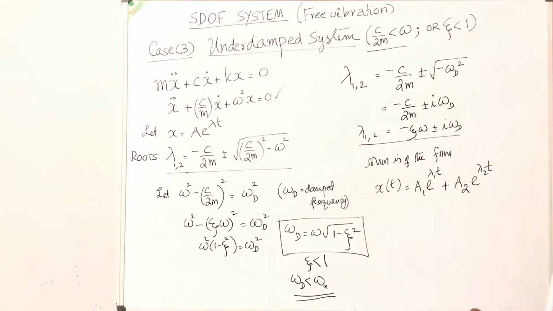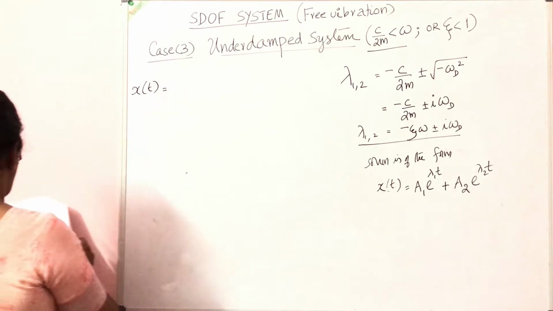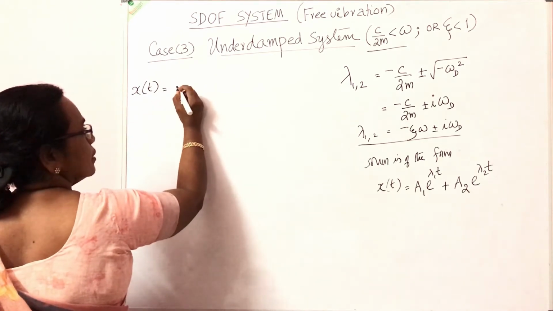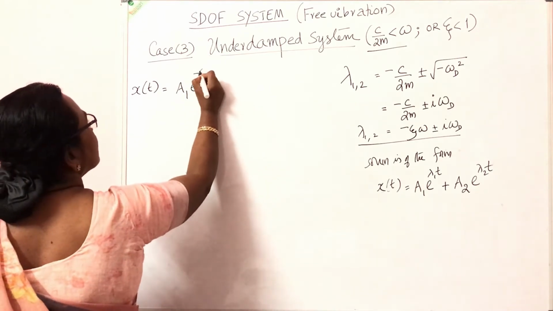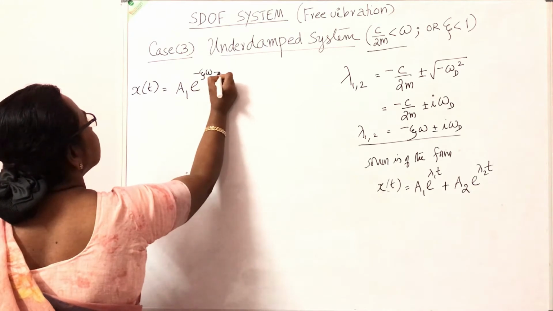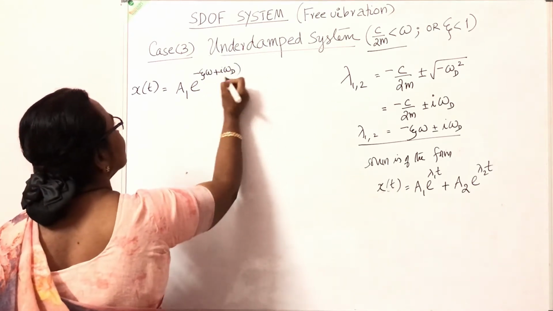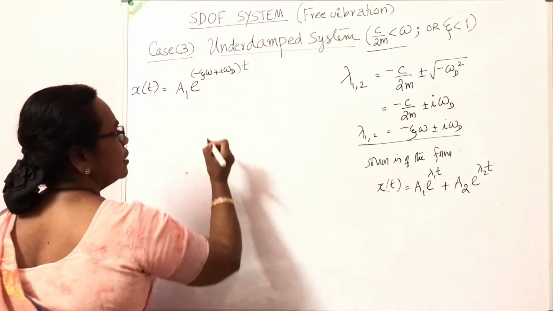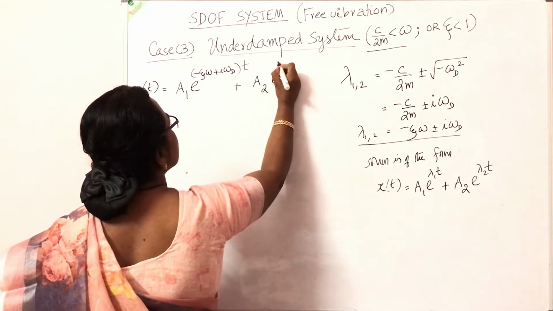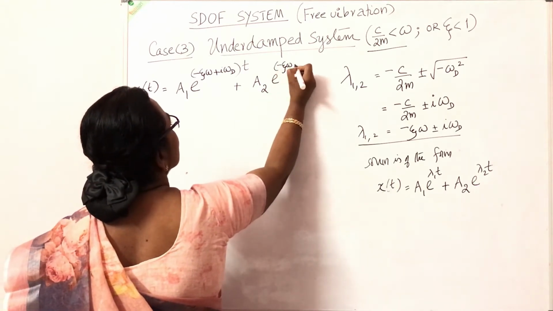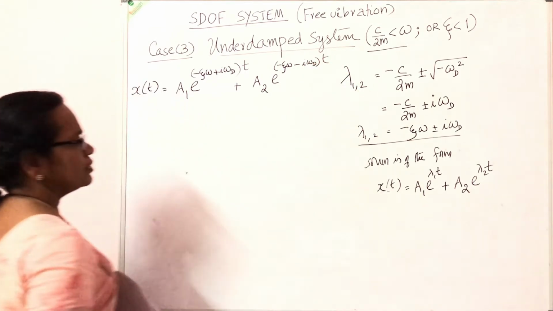Substituting in this equation, x equal to A1 e raised to (minus psi omega plus i omega d) t plus A2 e raised to (minus psi omega minus i omega d) t.